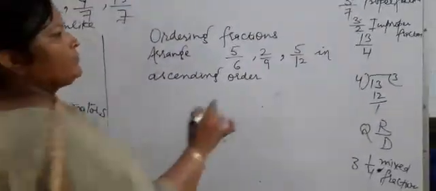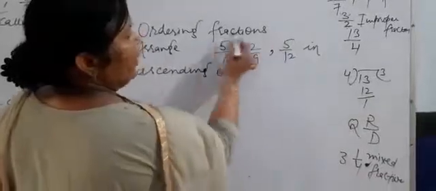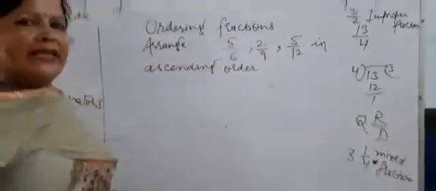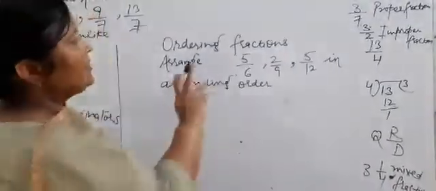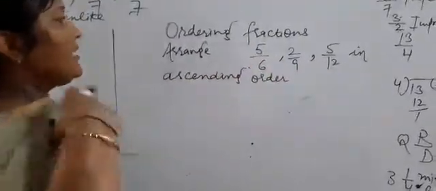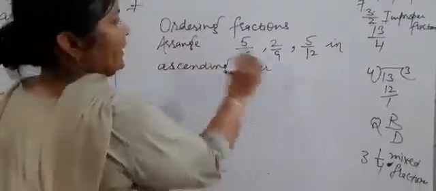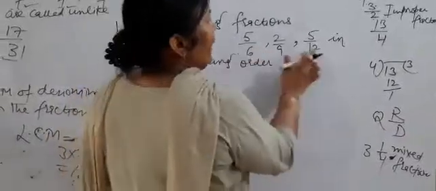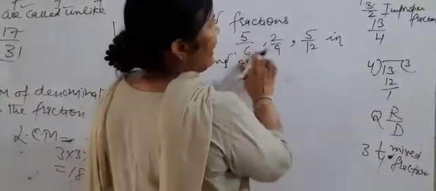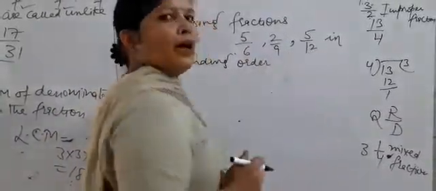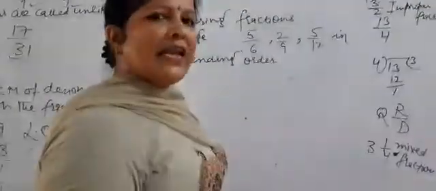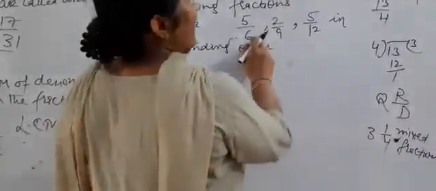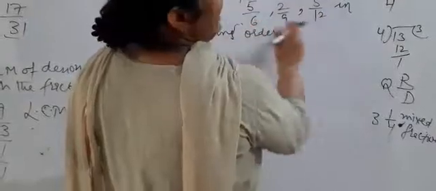First of all, our first step: you have got these three fractions and you are asked to write in ascending or descending order. I am concentrating on ascending order. Ascending order I am going to arrange this. Look at the first fraction. Look at the denominators. All are different, unlike. These fractions are unlike. The first step is to get all like fractions.